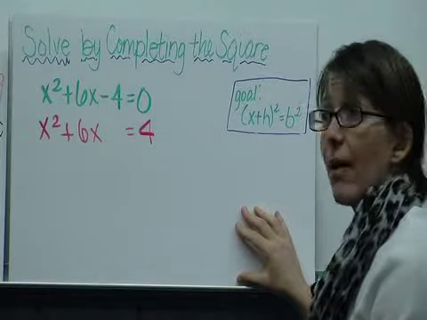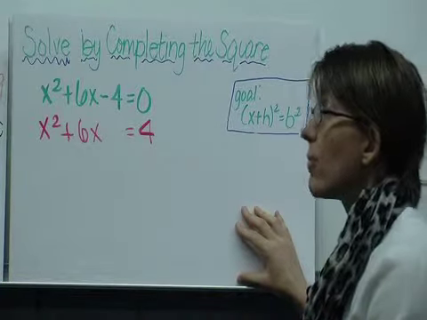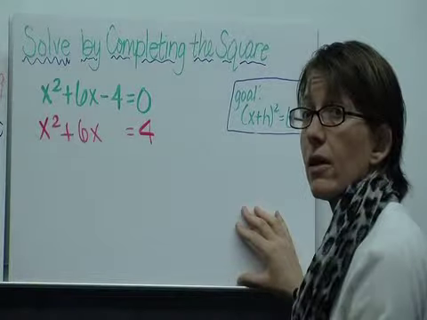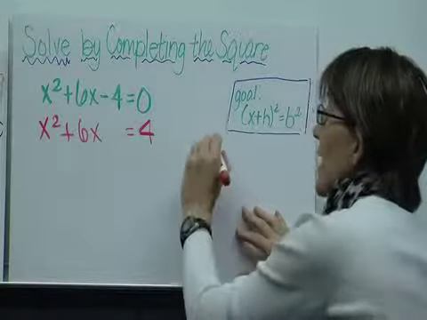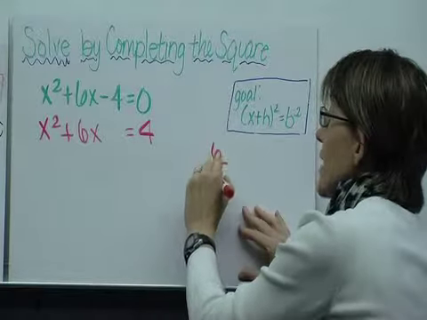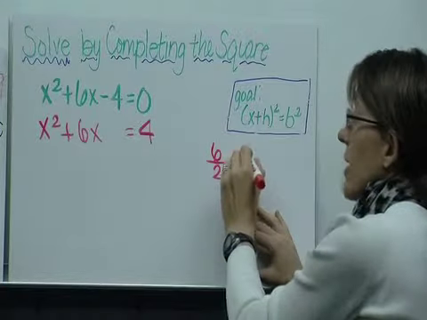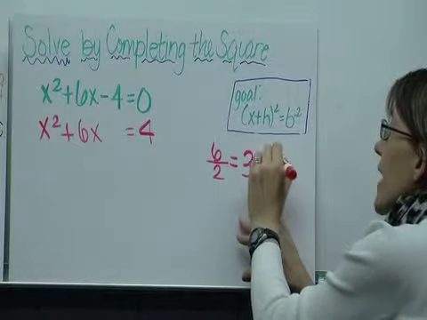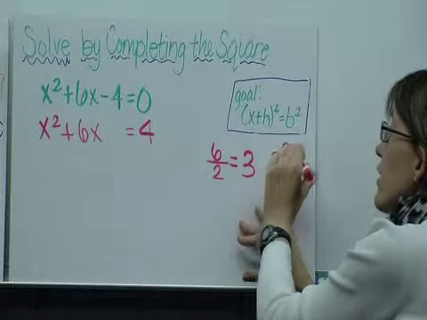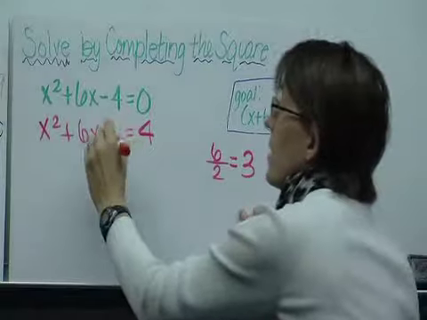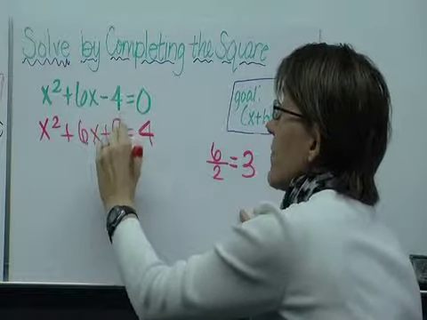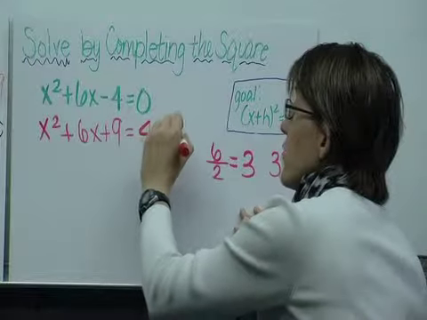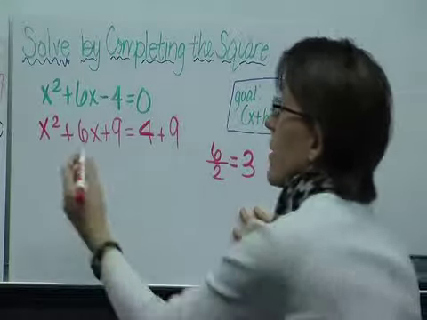In my next step, I need to complete the square in x right here. I do this by dividing 6 in half. 6 divided by 2 is 3, and squaring the number that I get, 3 squared equals 9. I'll add that 9 here, and remember, you need to add 9 on both sides so this equation is still true.